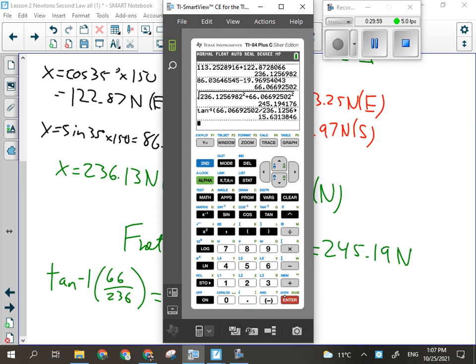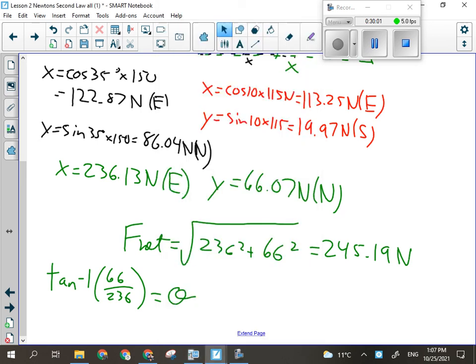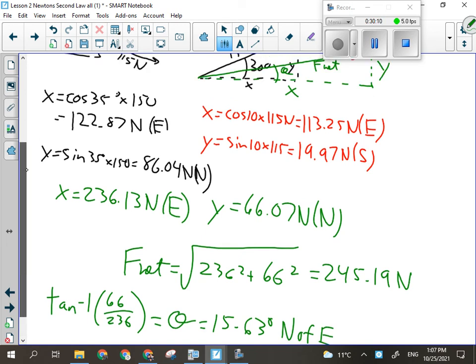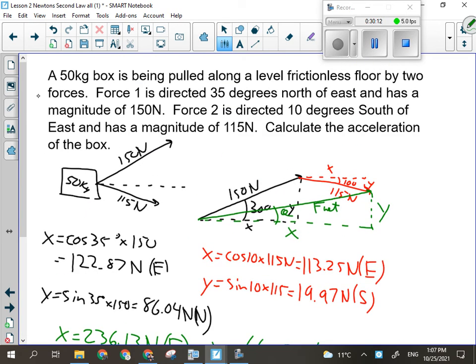So we're looking at 15.63 degrees north of east. Of course, you could have had the complementary angle as well. So now I've got the net force and the direction.